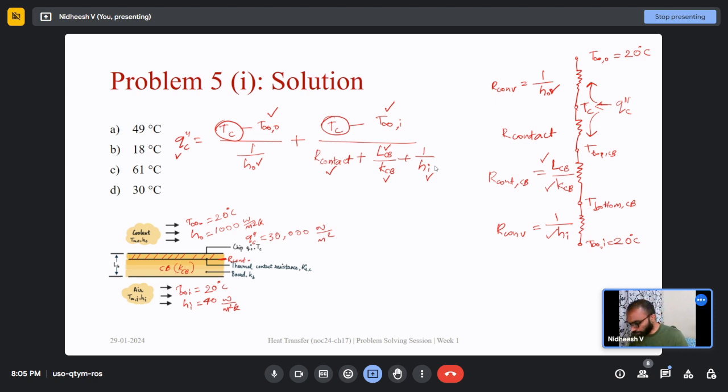Has someone solved it? Please go back to the previous slides, the contact resistance value I didn't take.